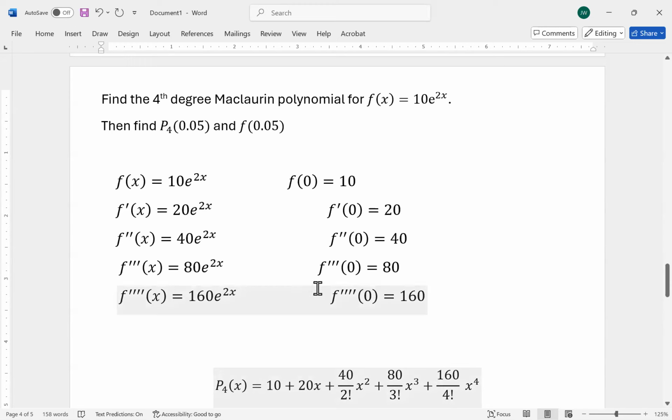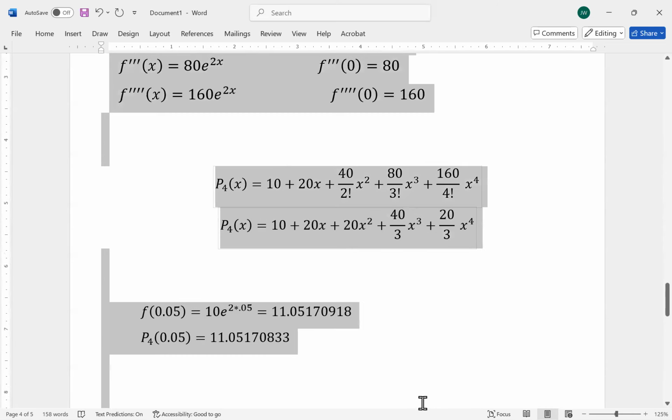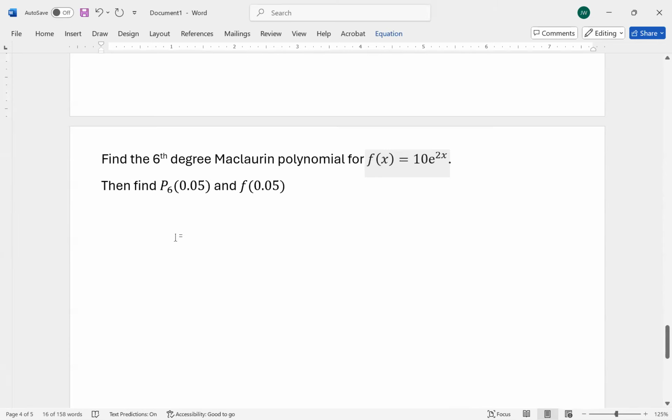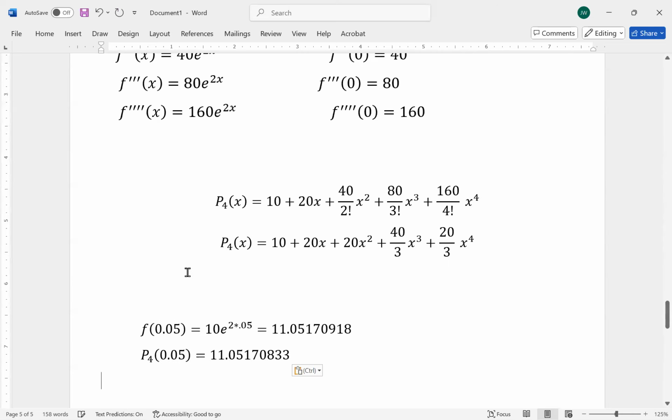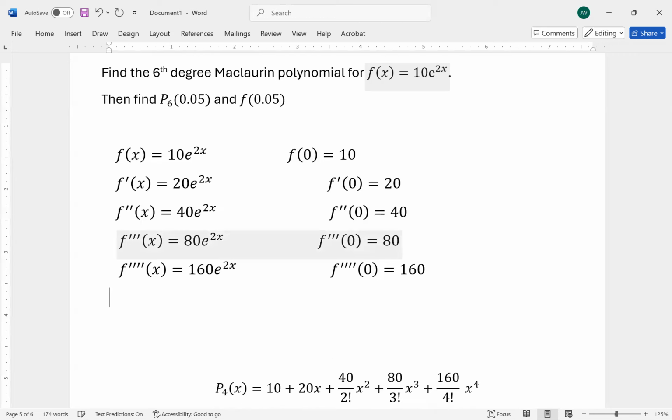If I'm going to do degree 6, I'm going to keep all of this work and just add on a couple more terms. So if I want to do a degree 6 Maclaurin polynomial, no sense in doing this all from scratch. What I would do is I would just take the fifth derivative, which is going to be 320 e to the 2x.